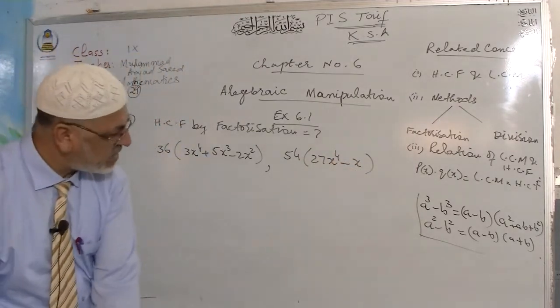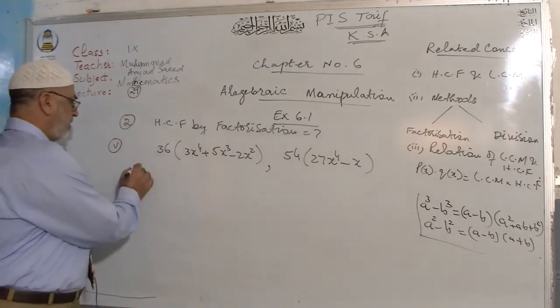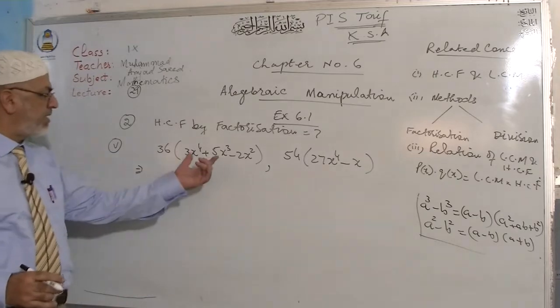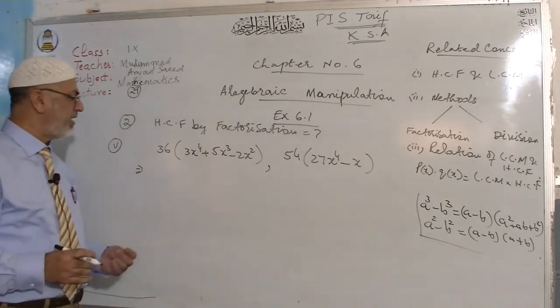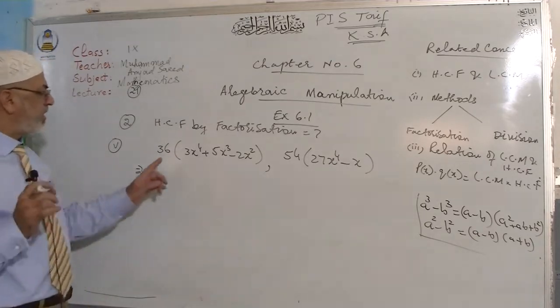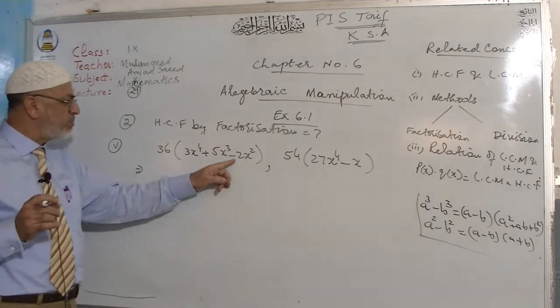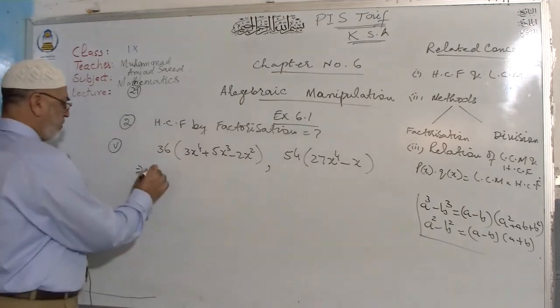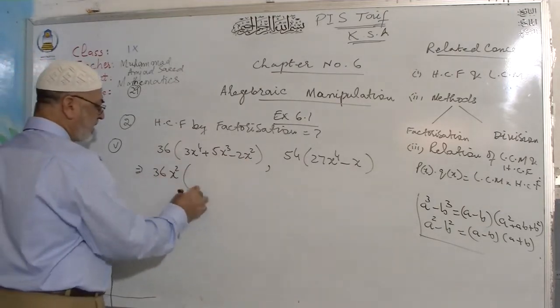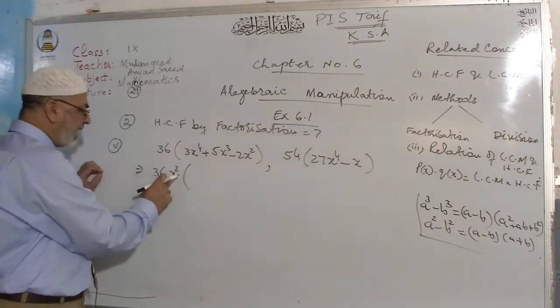Dear students, first of all, you can check which number can be taken as common or which variable can be taken as common from here. You can check x4, x cubed, x squared. X squared is present in all, so you can take x squared common and divide all terms by x squared.